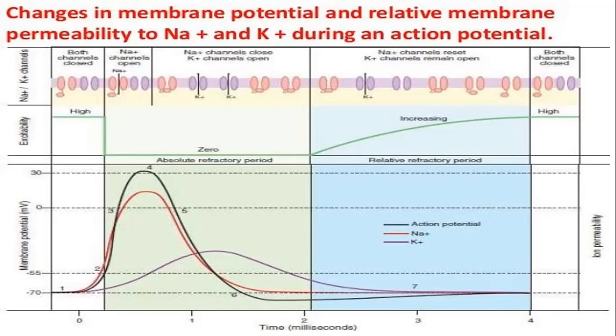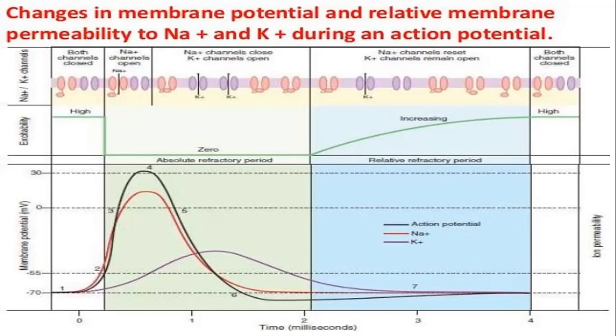That is your step 5. You can see the picture, step 5. The net movement of positive charge out of the cell due to potassium efflux at this time helps complete the process of repolarization. The slow return of potassium channels to the closed state also explains the after hyperpolarization.